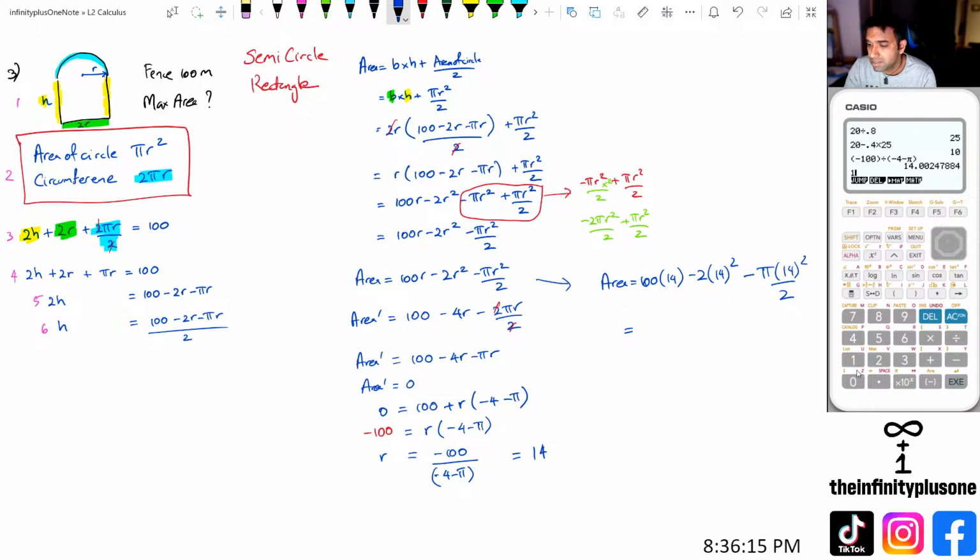Now what I'm going to do is leave the answer as is, so I'm just going to go 100 times the answer minus 2 times answer squared minus pi times answer squared divided by 2. So maximum area should be 700.